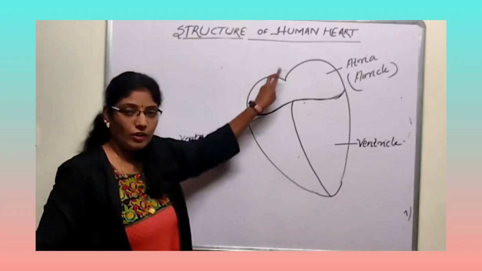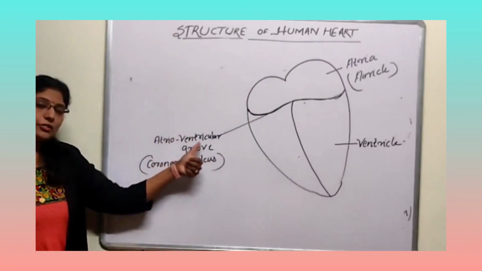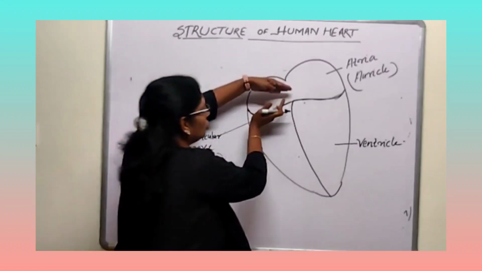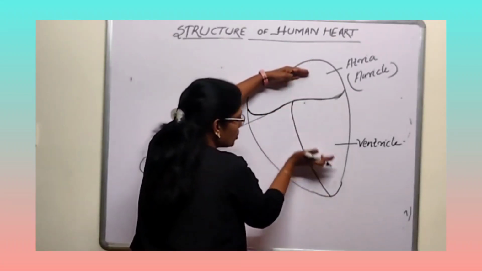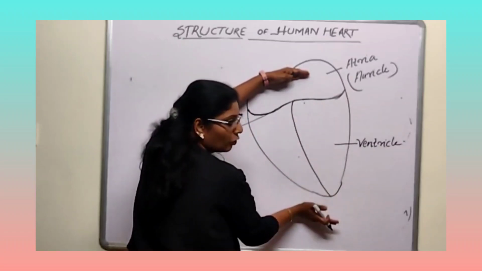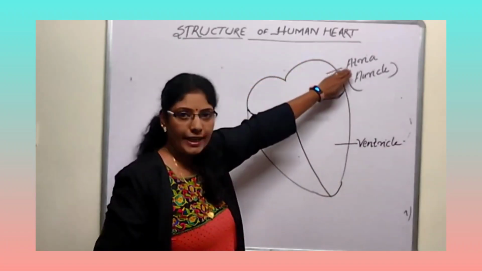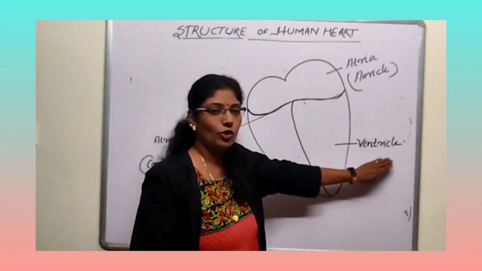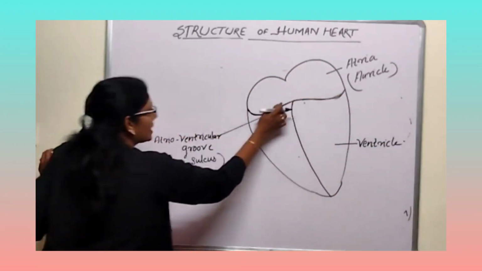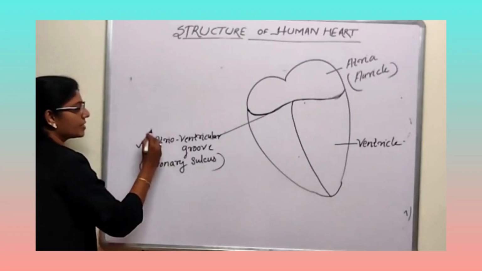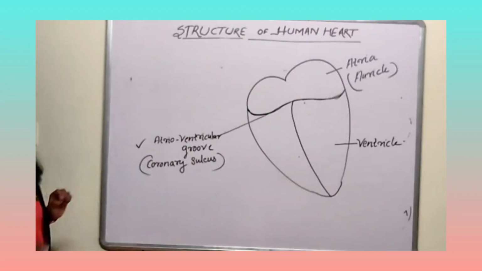What is the coronary sulcus or atrioventricular groove? The groove which separates the atria from the ventricles. The upper chambers are called atria and the lower chambers are called ventricles. In between the atria and the ventricles, this transverse groove is there, that is called the atrioventricular groove.